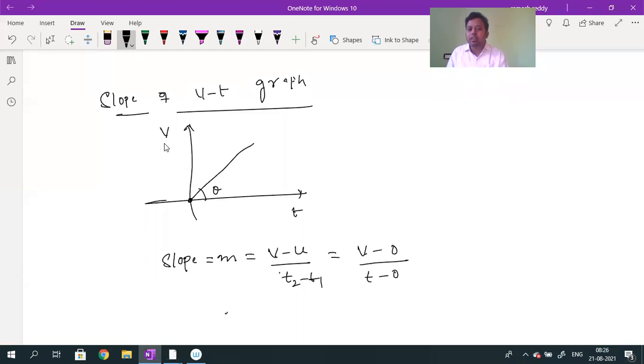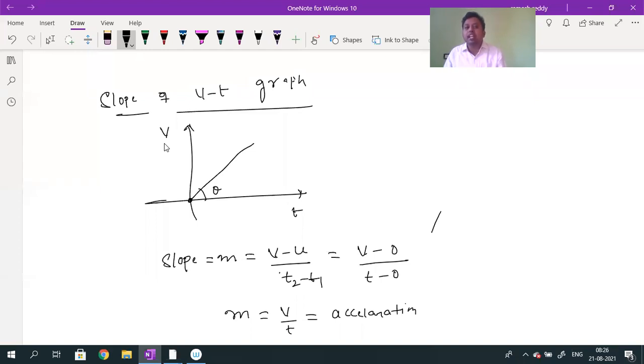Slope m is equal to v divided by t, or v minus u divided by t, which is nothing but acceleration. Is it okay? The slope of the velocity time graph gives us acceleration.